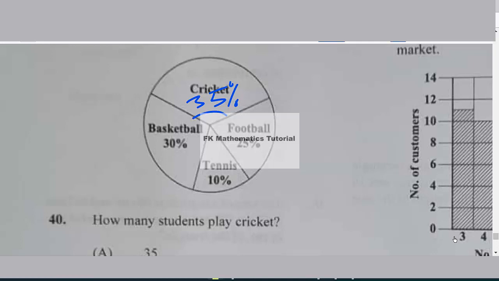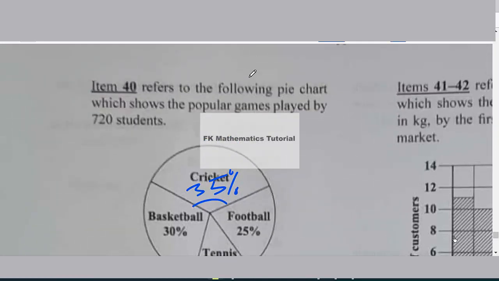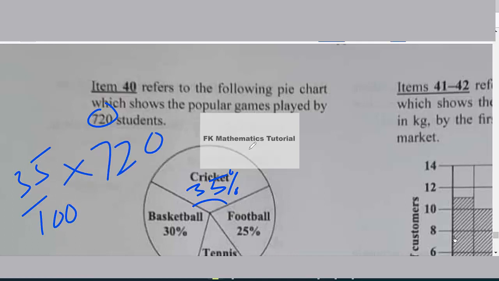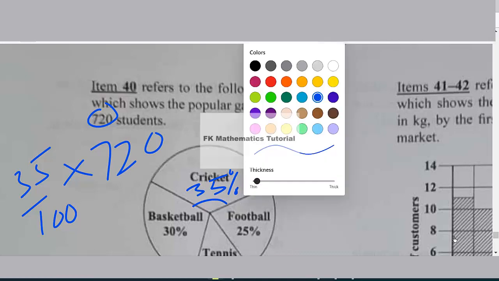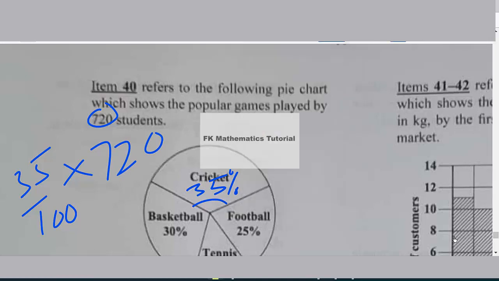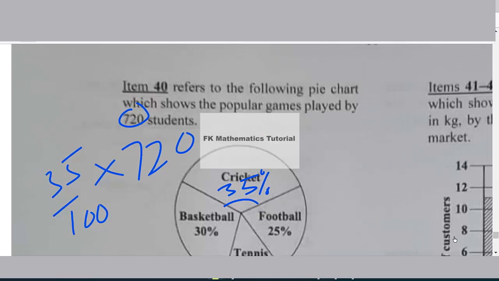So to calculate the number of students that play cricket, we have to use the percentage of cricket and multiply it by 720. So 35 over 100 times 720. So this will cancel this.